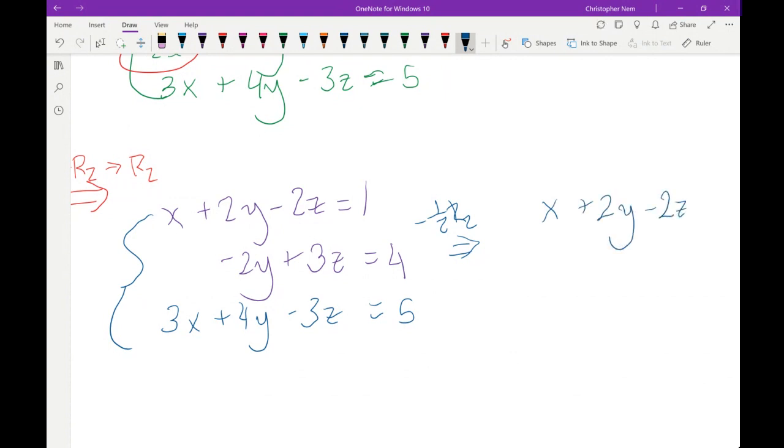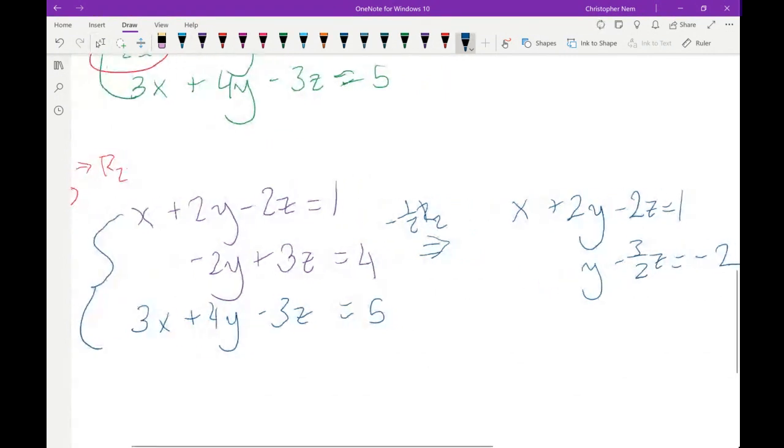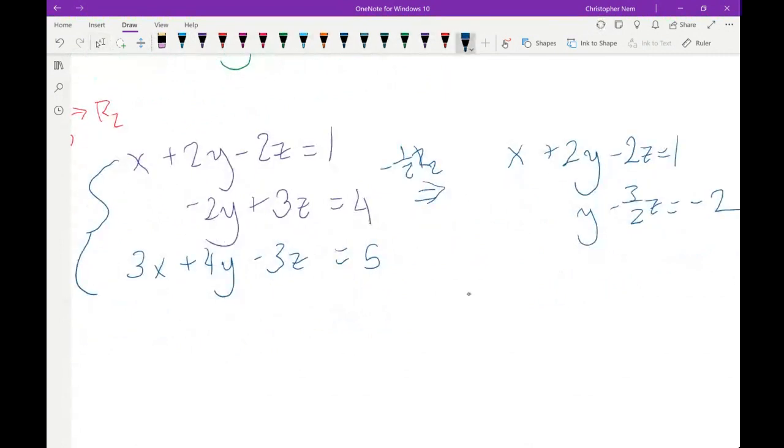I encourage you guys to think of multiplying instead of dividing and adding instead of subtracting because it can get very messy later on. Minus 3/2 z equals -2. Then I have 3x plus 4y minus 3z equals 5.